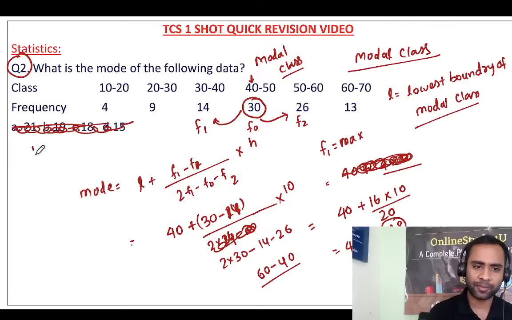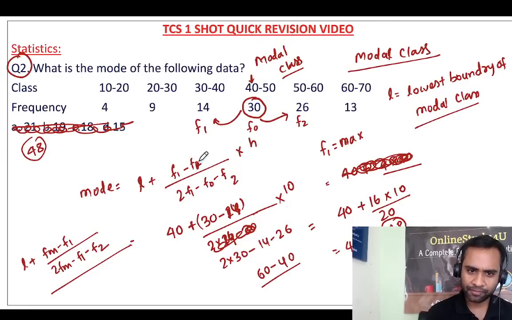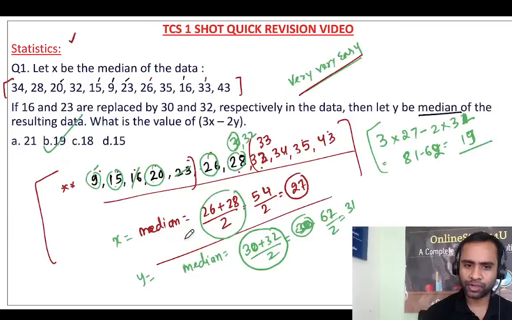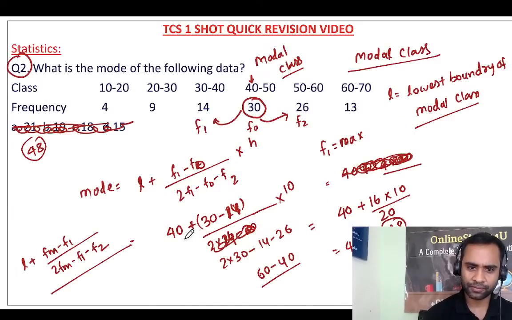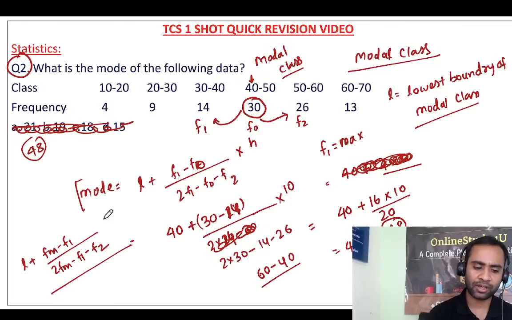So 48 will be the answer. The formula is L plus f1 minus f0, over 2 f1 minus f0 minus f2. So it was f0, fine. There was a small mistake in the formula.